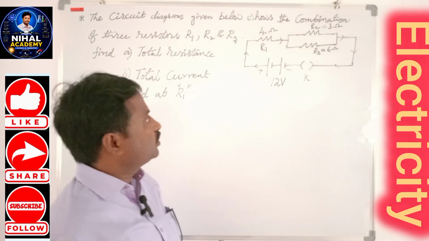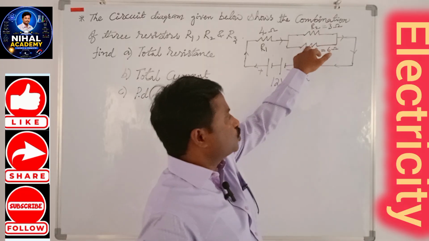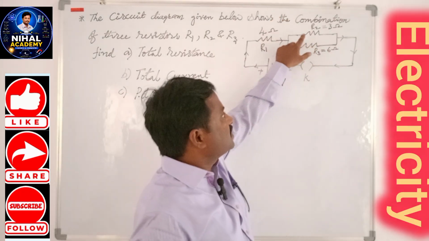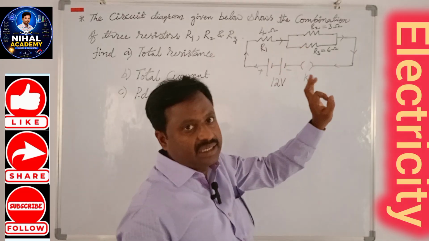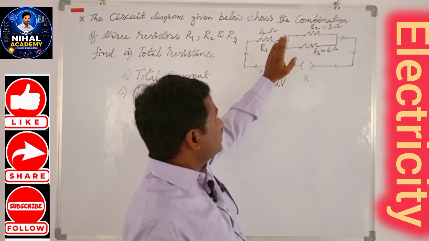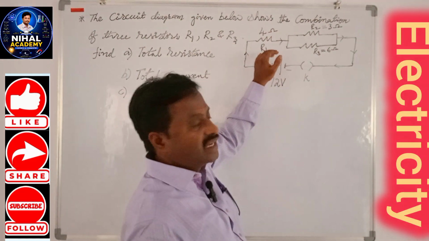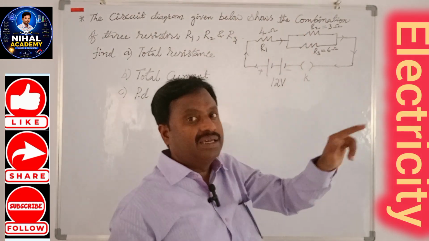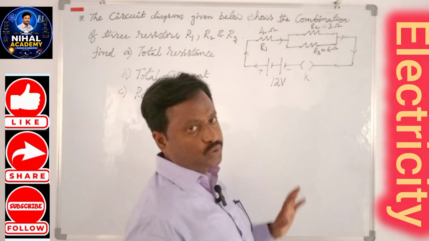So first we have to calculate the resultant of these two, which are connected in parallel. So the resultant resistance of R2, R3 we have to calculate. The resultant is then in series with R1. Then R1 and the resultant of R2, R3 gives the final resistance of the circuit.